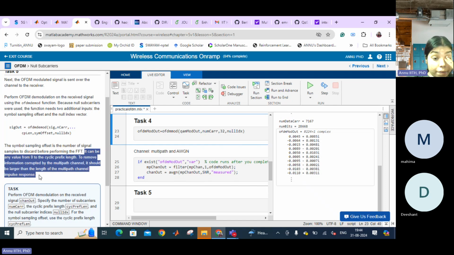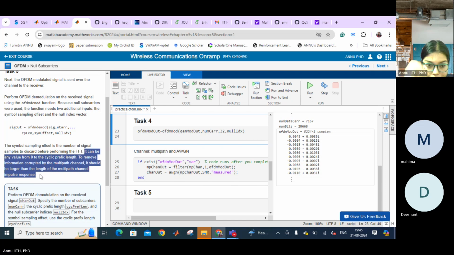So symbol sampling refers to the number of signal samples to discard before performing the FFT. Okay. So it can be any value from 0 to the cyclic prefix length. Okay. So to remove the information corrupted by the multipath channel, it should be larger than the length of the multipath channel impulse response. So again, the length of the channel impulse response was 17. Then later, we had cyclic prefix length as 32.